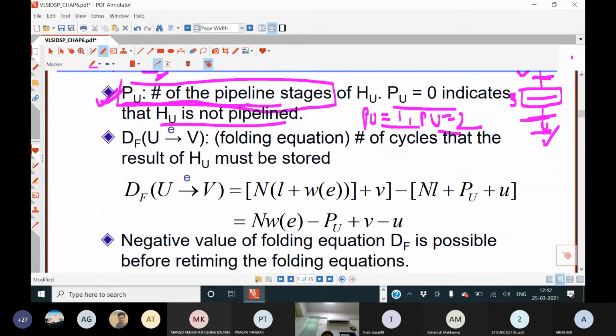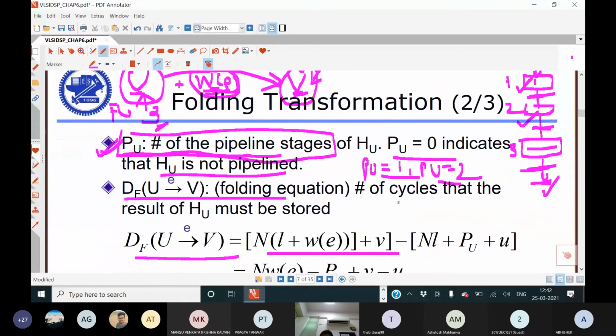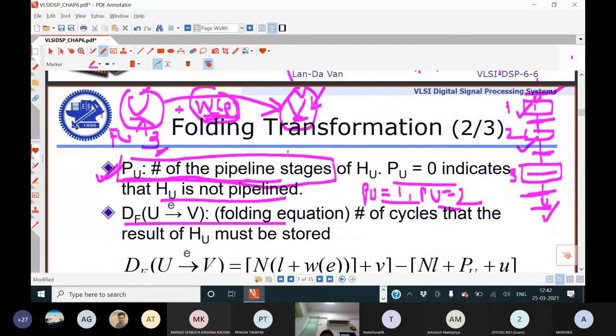So what will be my folding equation? The folding equation from U to V is this one. Now you need to understand this with this particular circuit.